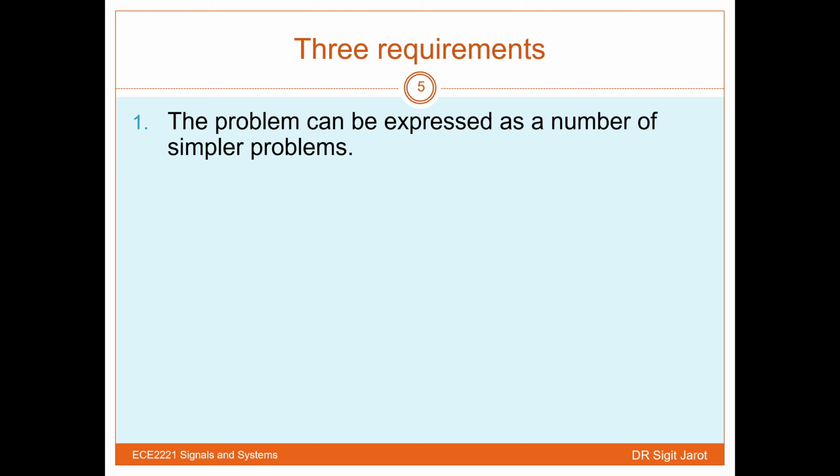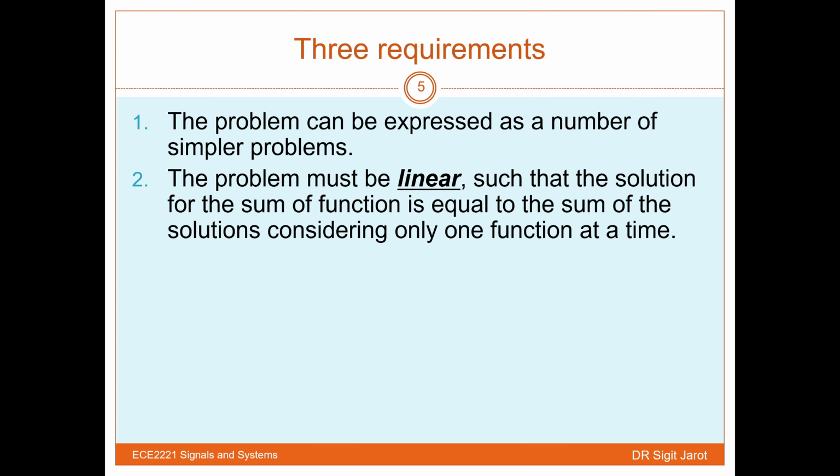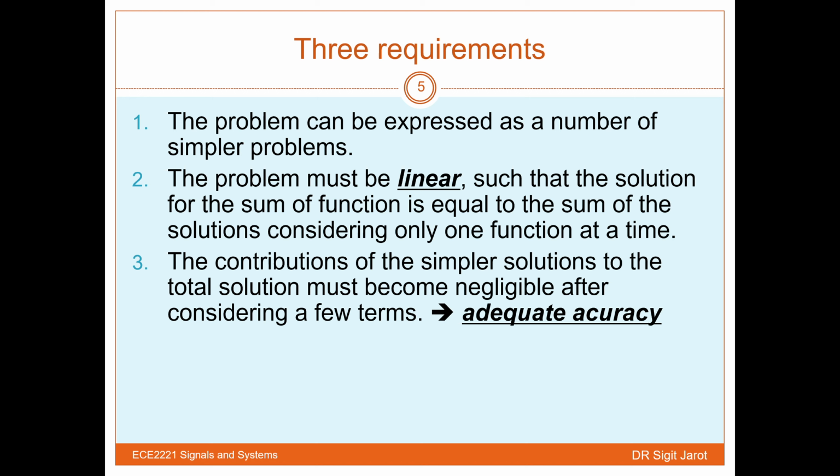Okay, for Fourier transform, basically there will be requirements. Okay, the problem can be expressed as a number of simpler problems. That means we can divide it into small problems. The problem must be linear, such that the solution for the sum of functions is equal to the sum of the solutions considering only one function at a time.